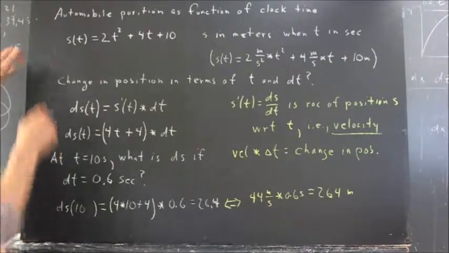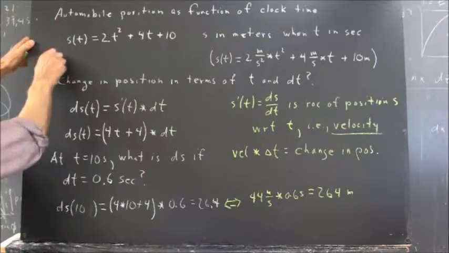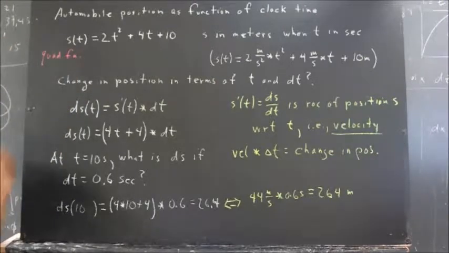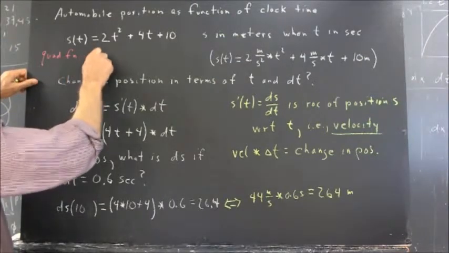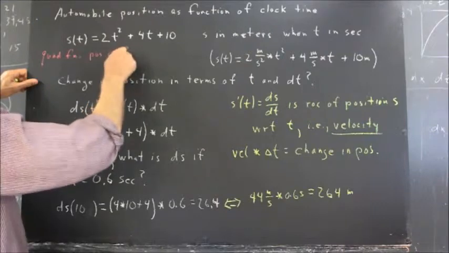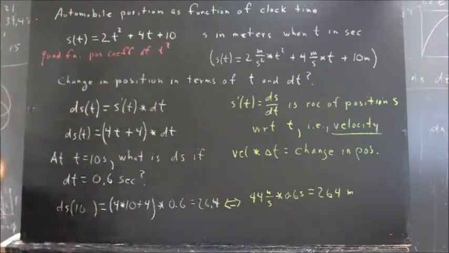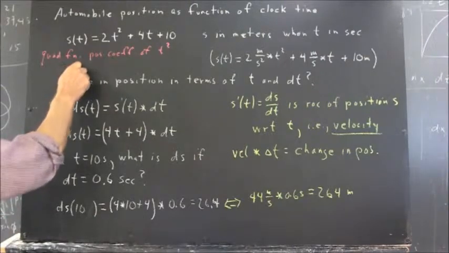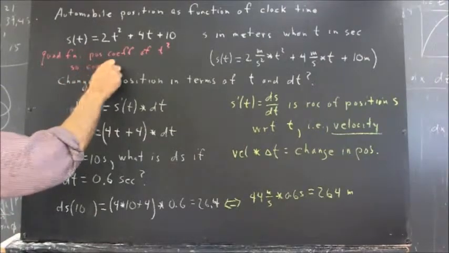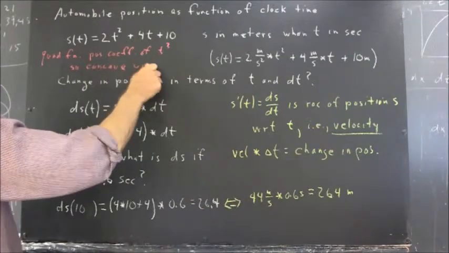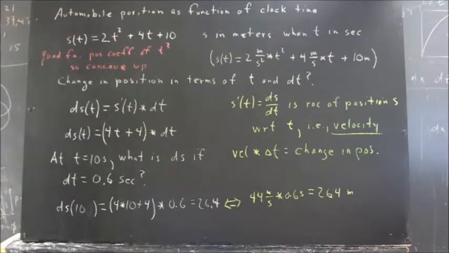Now another observation: this is a quadratic function, and it's got a positive coefficient of t squared, so it's concave up. That's a pre-calculus understanding of this quadratic function.